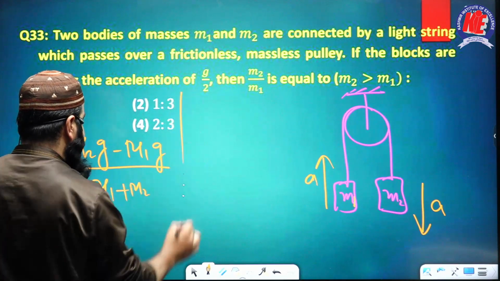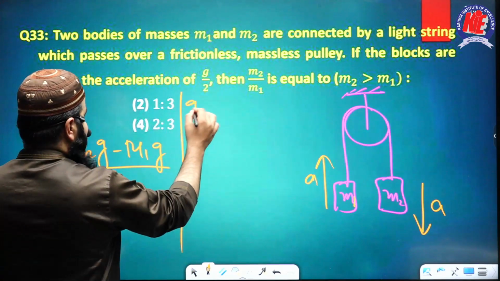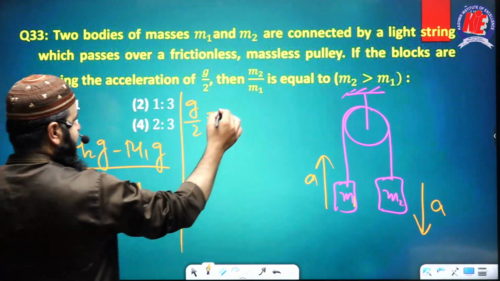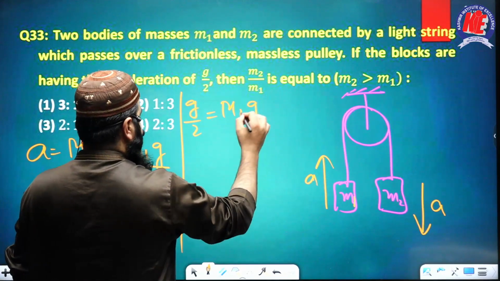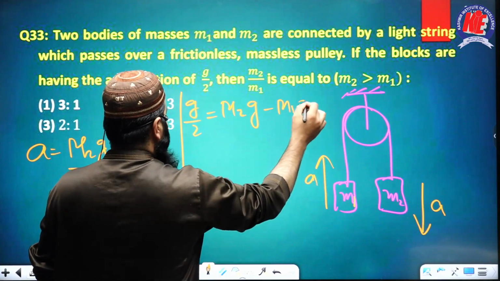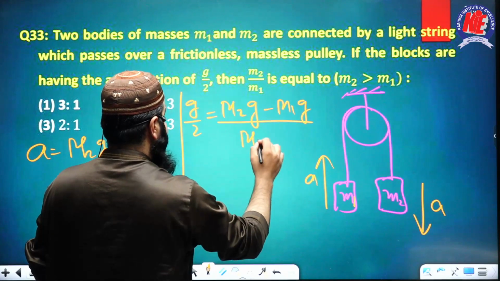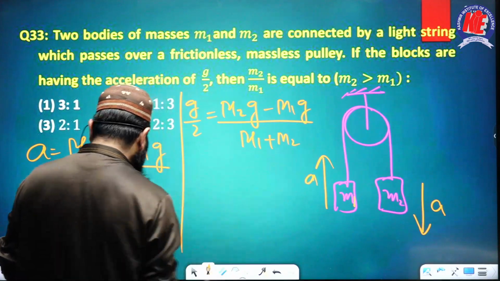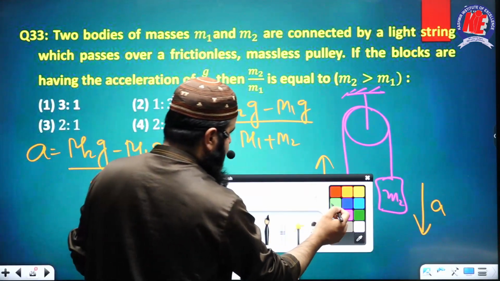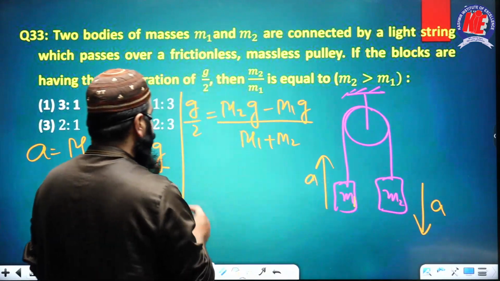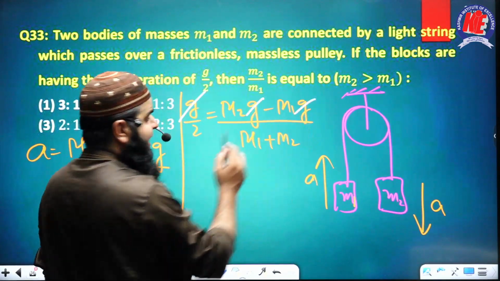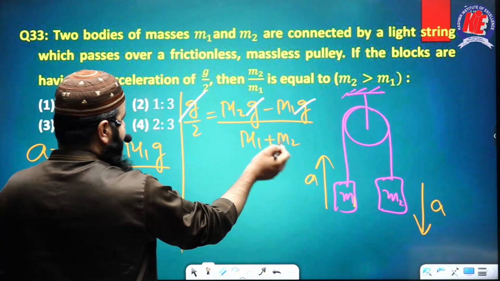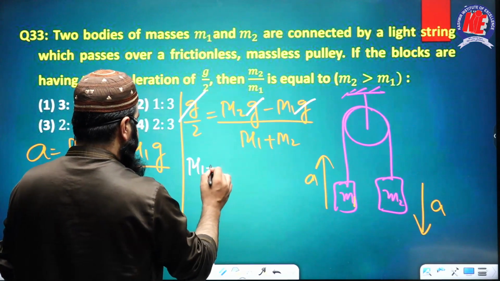But इस बार acceleration given है कितनी? It is g by 2 is equal to, यहाँ से it is m2g minus m1g divided by the total mass, that's m1 plus m2. What's the target? The target for we people is the ratio of the masses. So can you help me please? g can be eliminated on both sides from here. m1 plus m2 into 1 is simply m1 plus m2.